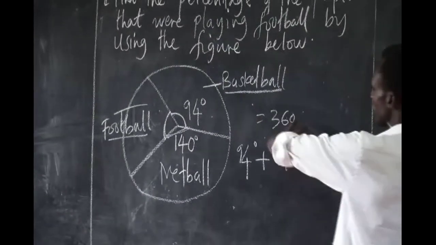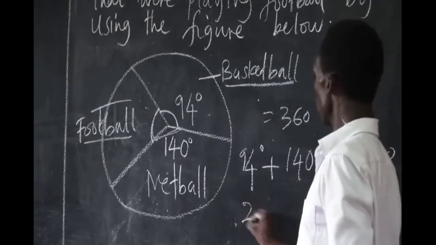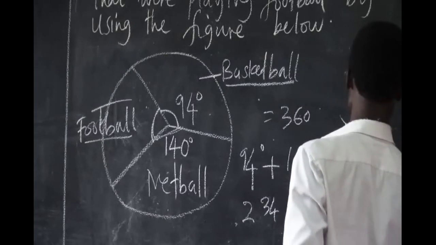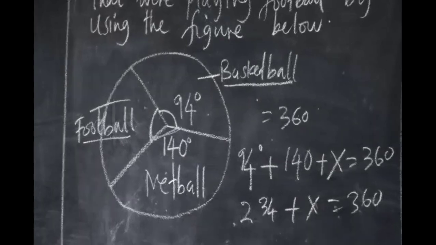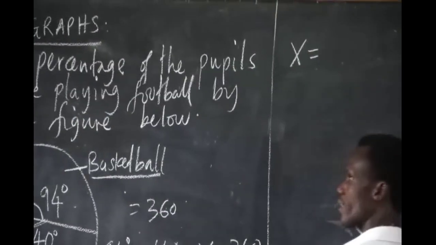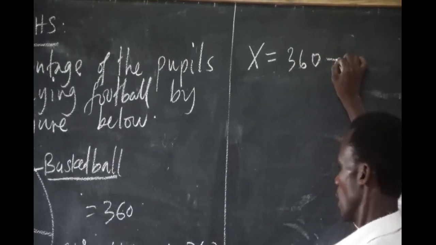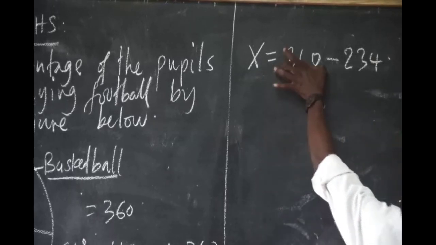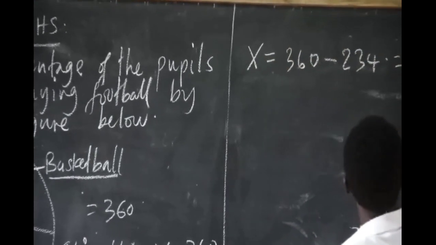Collecting the like terms, 234 plus X is equal to 360. We are looking for the value of X, so it is better to take this to the other side. We say 360 minus 234. Subtracting, we definitely get 126.